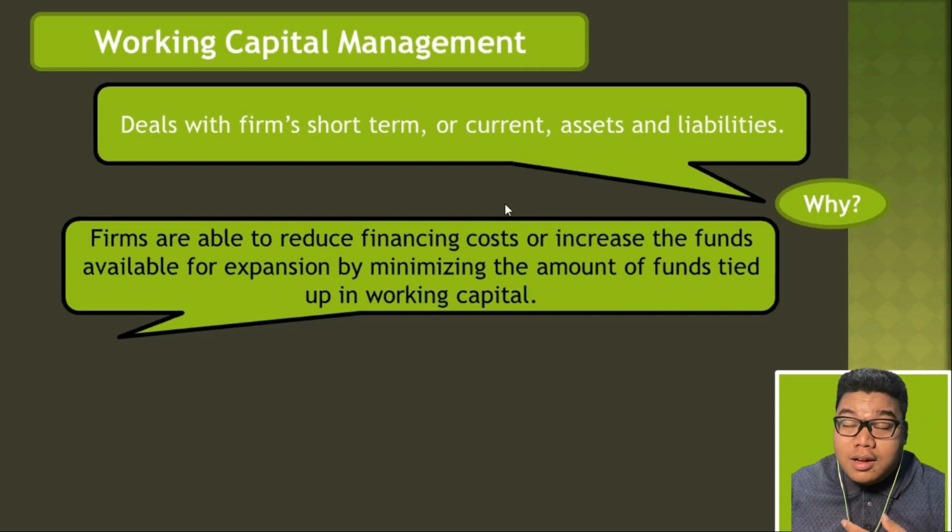It would generate revenue or income for the company. However, we cannot entirely work with a company that has no current assets or working capital. Working capital is necessary for the day-to-day operations of the organization.